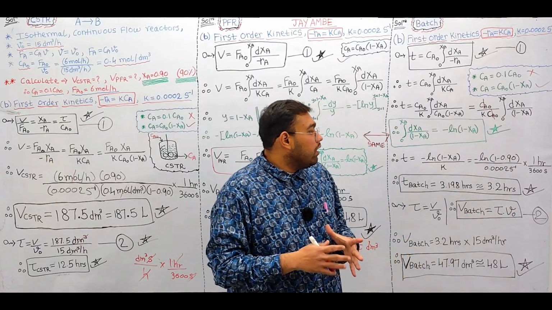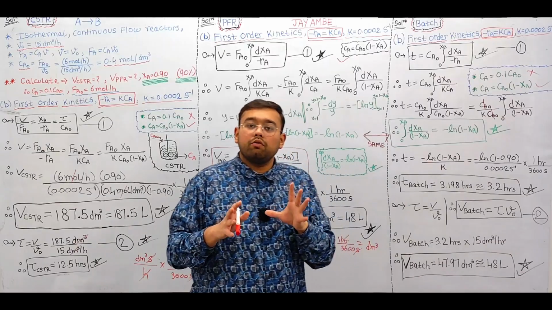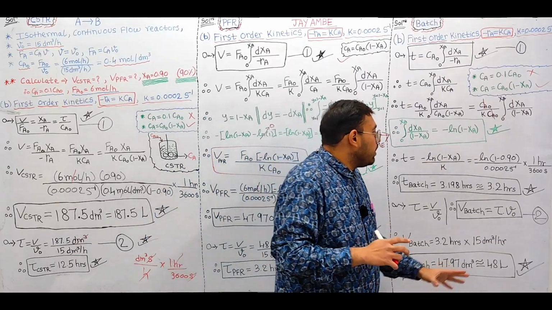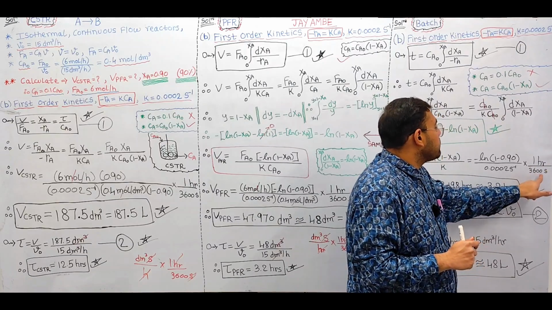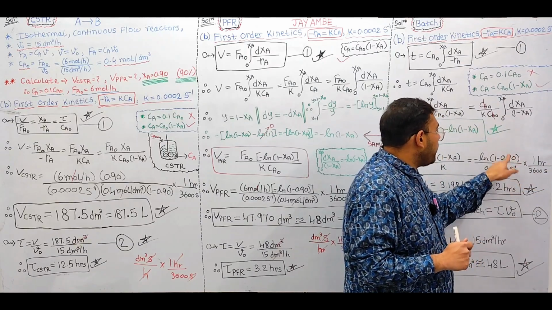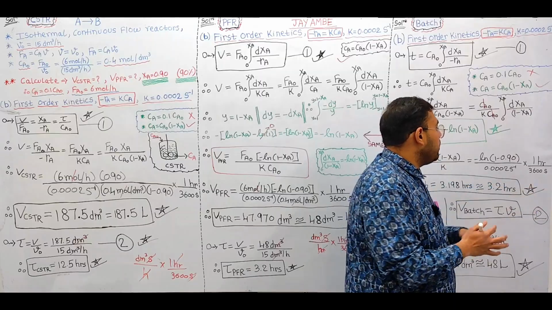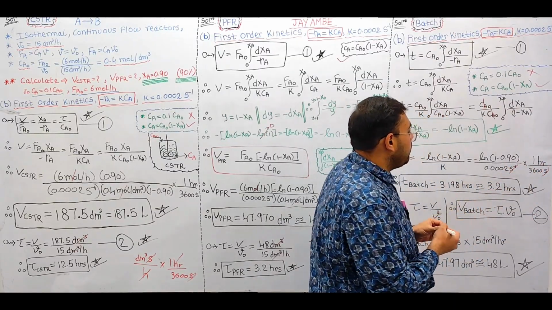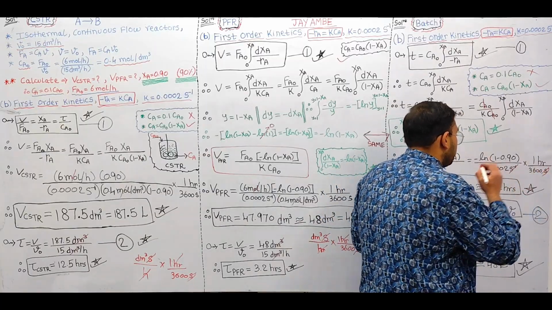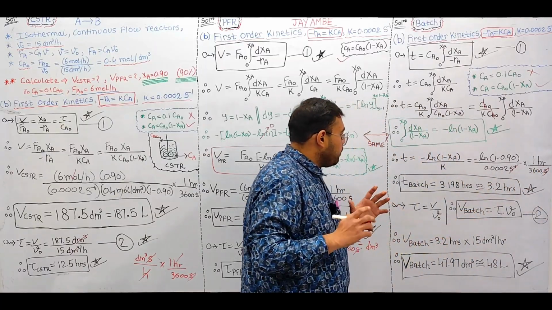We also need to cross verify the unit conversion. So for the unit conversion we are multiplying it by 1 hour divided by 3600 seconds. The seconds in the numerator and the seconds in the denominator will get cancelled off, and we will remain with the hours. I hope you have understood.